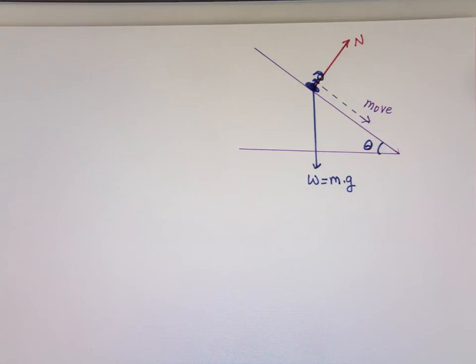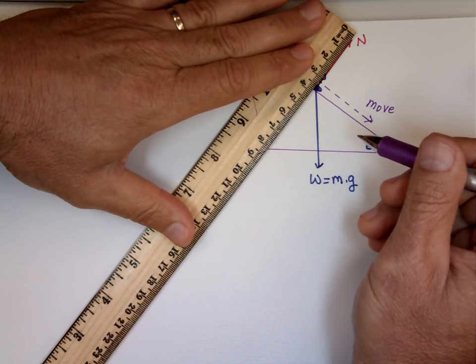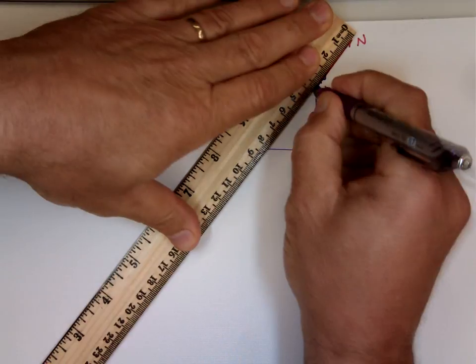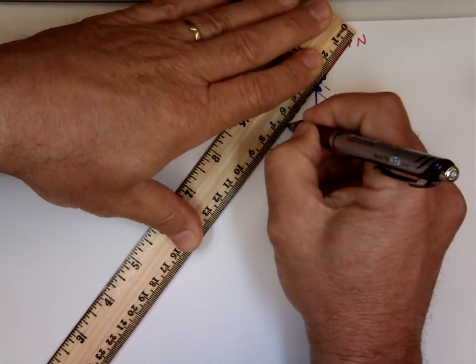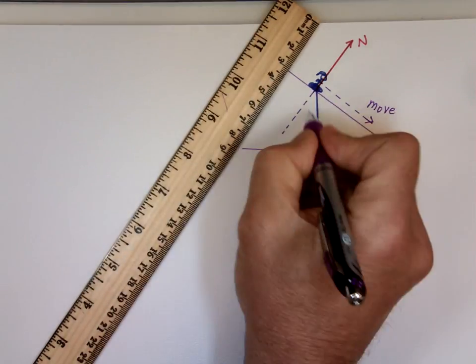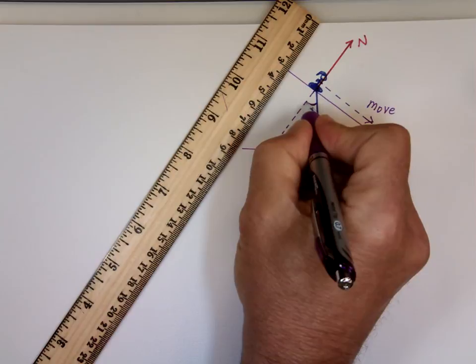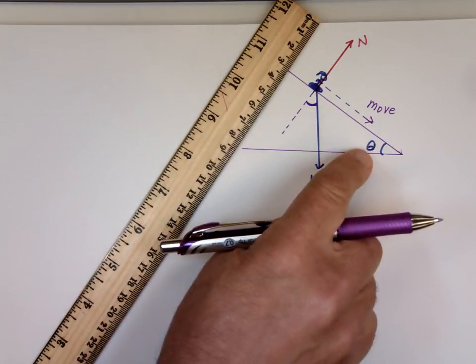Now, if I extend this line through it at 90 degrees, do we know what that angle is? We don't know. Let's say this is 20. Can you tell me what that angle is?